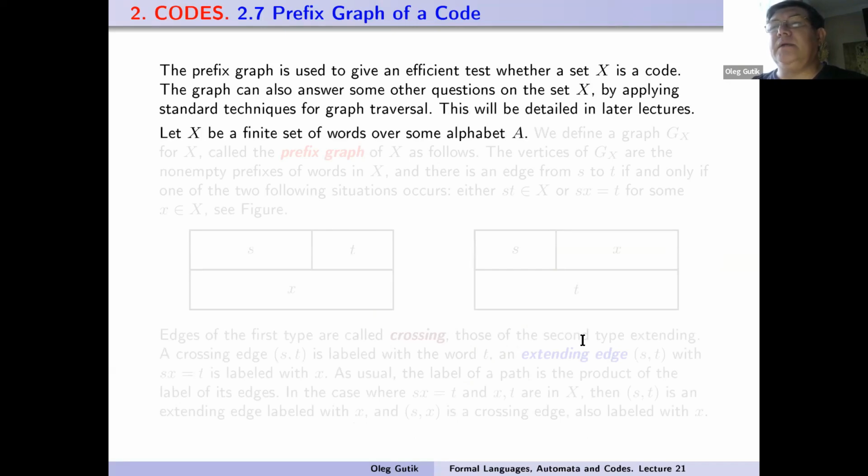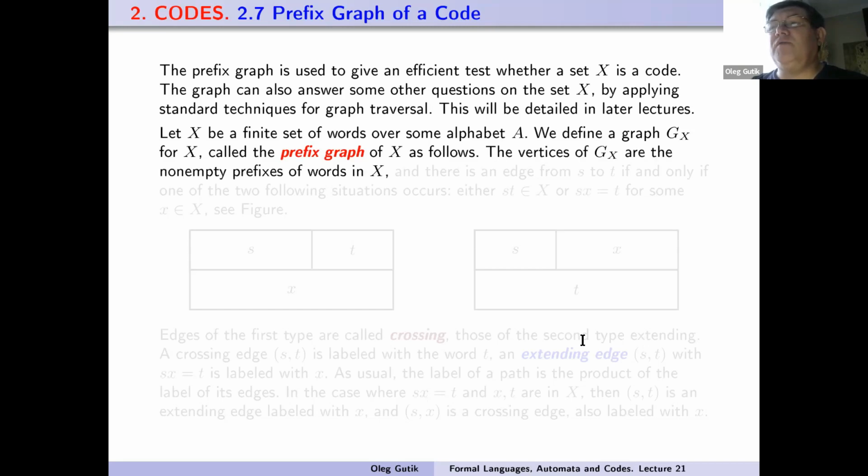Let X be a finite set of words over some alphabet A. We define a graph G_X for X, called the prefix graph of X, as follows.